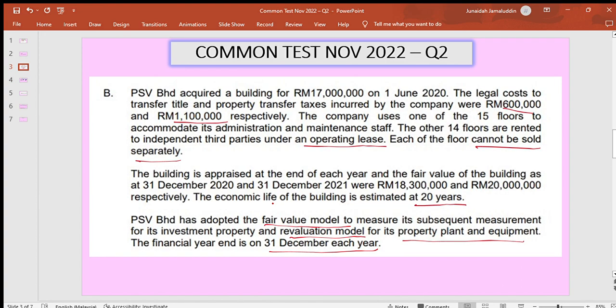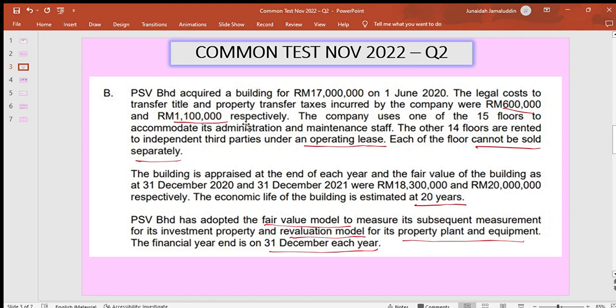Okay, so another important thing that we need to consider is that this property actually has dual uses. It has dual uses, as mentioned here. Okay, apa ni? Salah satu, one of the floors was used by the company.